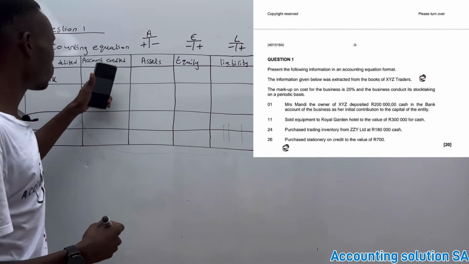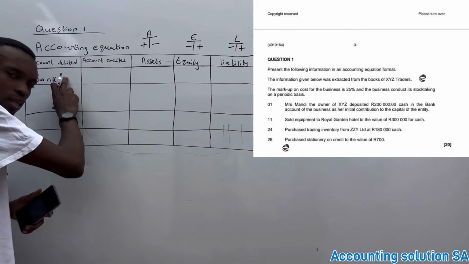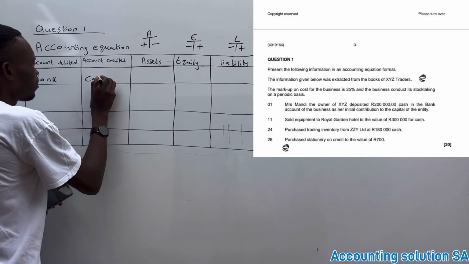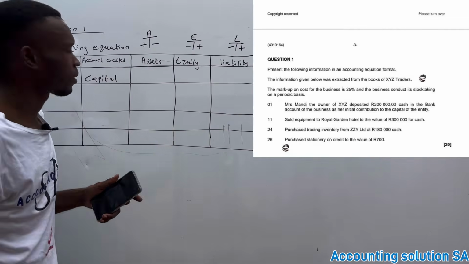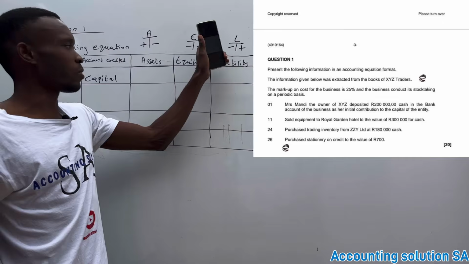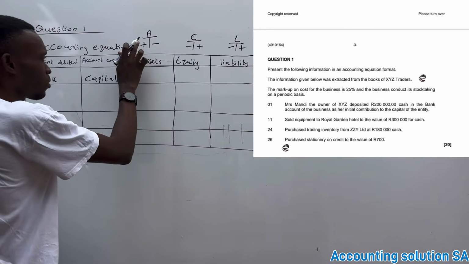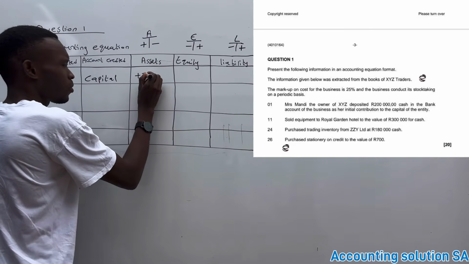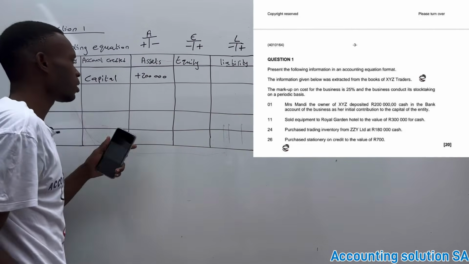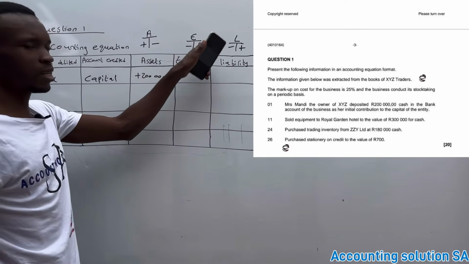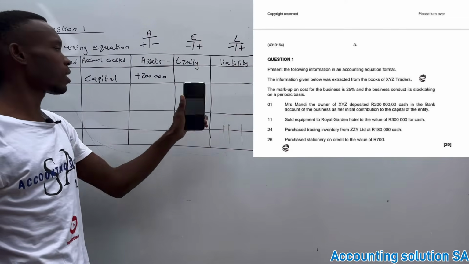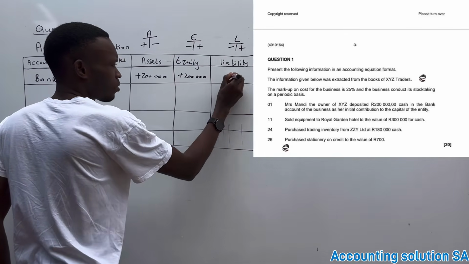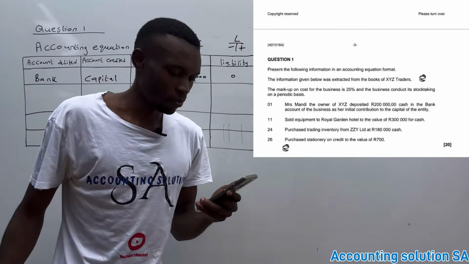We received cash, yes. Is cash for what? For capital. Capital falls under equity. So because assets have increased, it's a plus 200,000. Then equity is also going to increase, because it's increased on the credit side, which means that it's going to be plus 200,000 as well. This side will be 0. Okay, very simple like that.